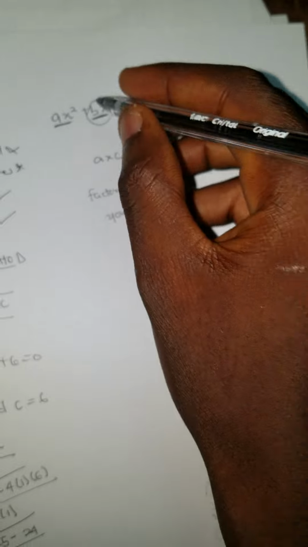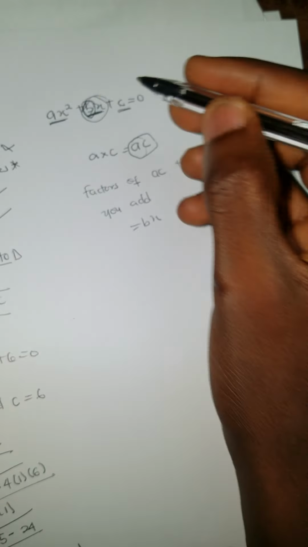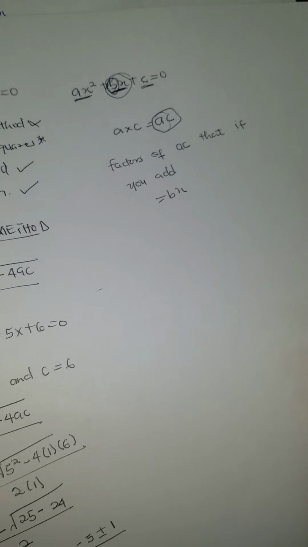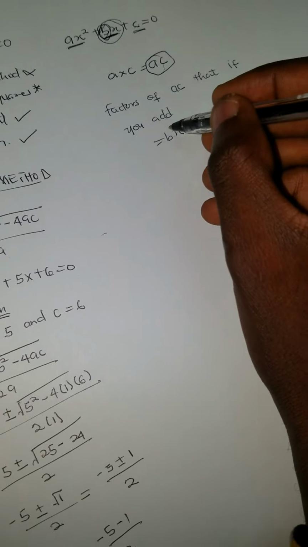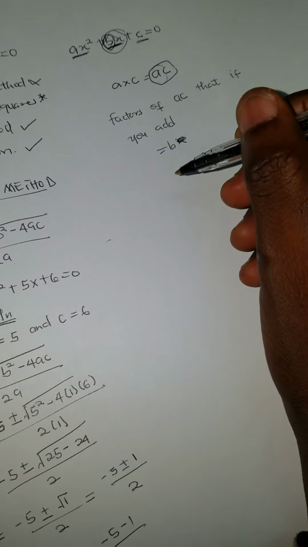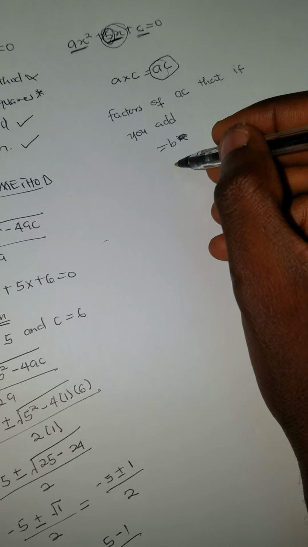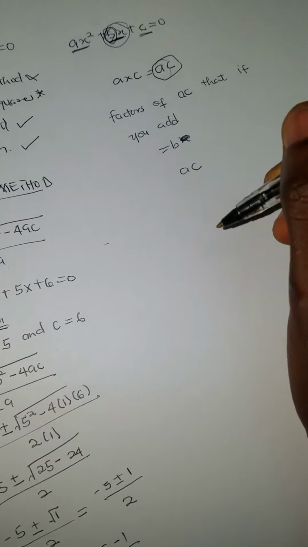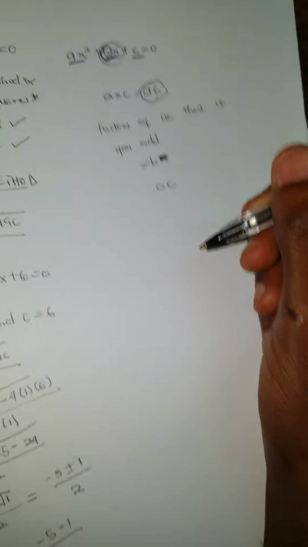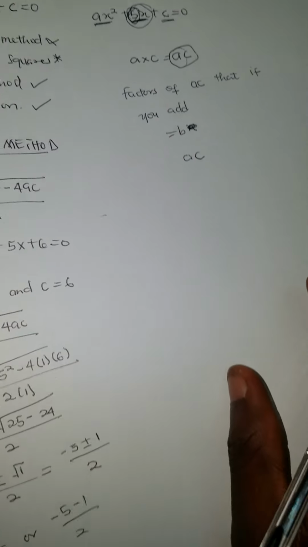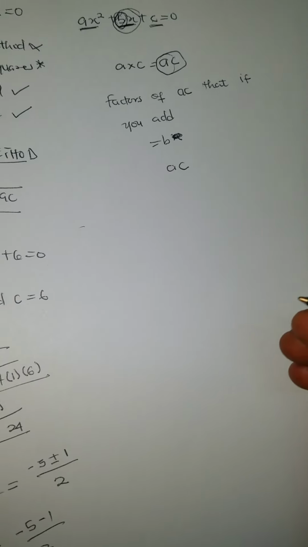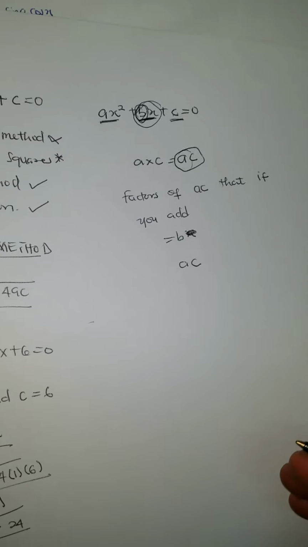Or B, let me say B without bringing x, even though when you are adding you will bring x as a coefficient. If you add, you get B. If you multiply such factors, you should get AC. That is all about the factorization method you need to know.